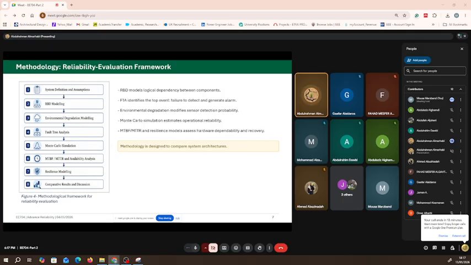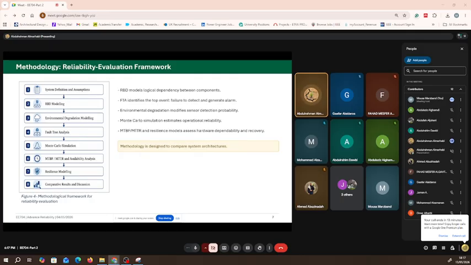The methodology combines several reliability engineering methods. First, I used reliability block diagram modeling to represent how the components are connected logically. Second, I used fault tree analysis to identify how failures can lead to the top event, which is failure to detect and generate the alarm.